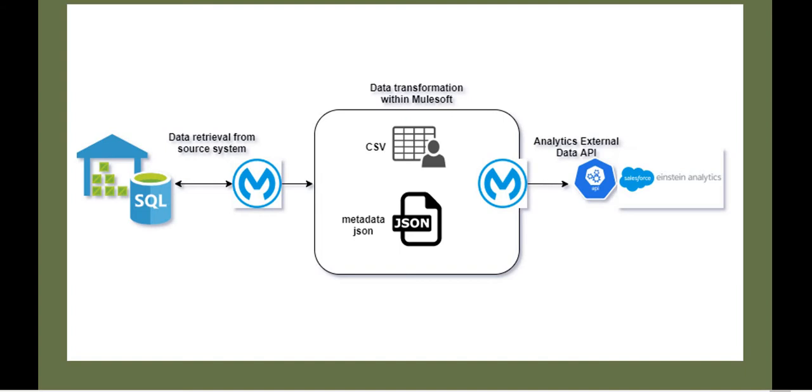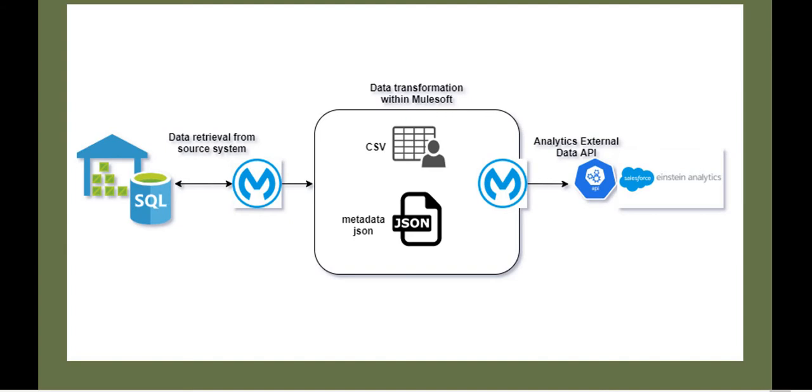Your integration platform is going to retrieve all the relevant data from the data source. In this case, we are simply showing a data warehouse using SQL. MuleSoft is going to retrieve the data from the source system. MuleSoft is going to prepare the data in a format that Salesforce is expecting. And when I say Salesforce, please understand we are talking about Salesforce Einstein Analytics Cloud. So I'll just reference it as Salesforce so that I'm not mixing up words.